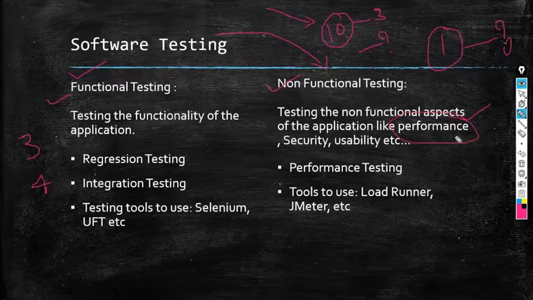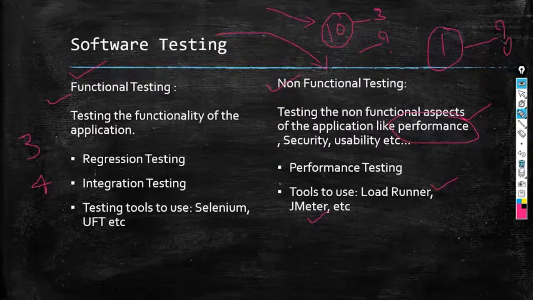And to test this performance, in the software field, we have some tools like LoadRunner, JMeter, and other tools like Gatling, NeoLoad, and so on. But the primary tools in the market which have a good share in terms of projects are LoadRunner and JMeter.